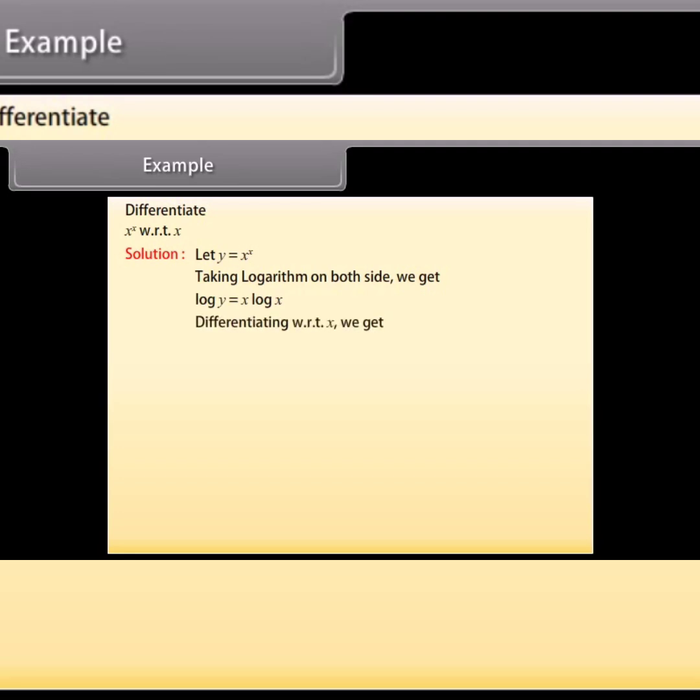Differentiating with respect to x, we get 1 by y into dy by dx is equal to x into 1 by x plus log x, which is equal to 1 plus log x. So dy by dx is equal to y into 1 plus log x.